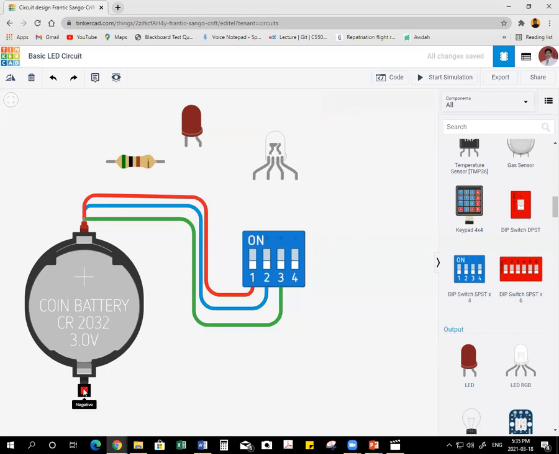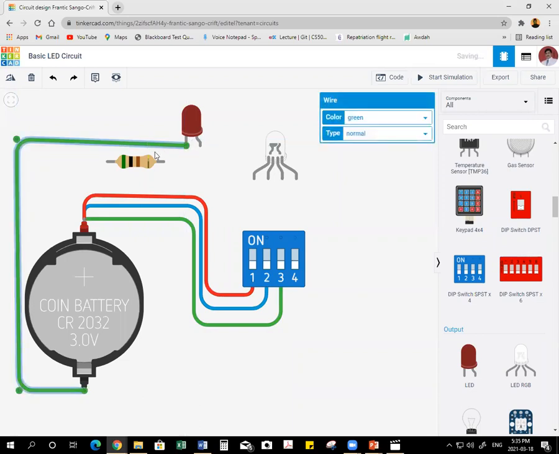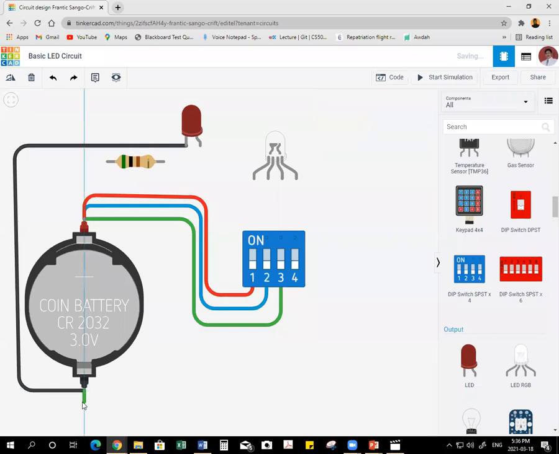Now here the negative connection is there. We can have one for the cathode of the one LED. Directly I'm connecting, don't worry. Now this should be black. Now another, because we need another black, that is the negative terminal.